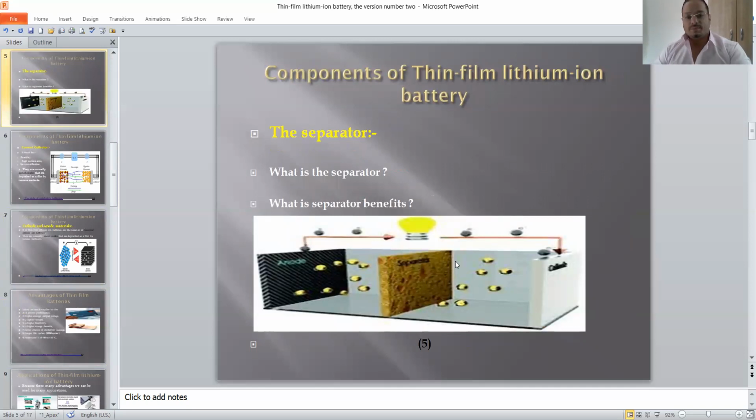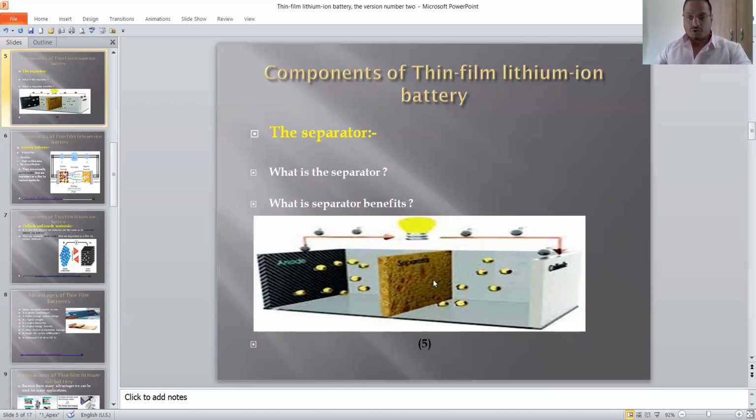Now let's talk about the separator. What is the separator? We can explain it very well by using these words: it is a mesh sheet material. Its place is at the electrolyte. What are the benefits from it, or we can say what is its job? Its job is to support the electrolyte in this battery, because actually it is like a wall to prevent the charge from moving from side to side.